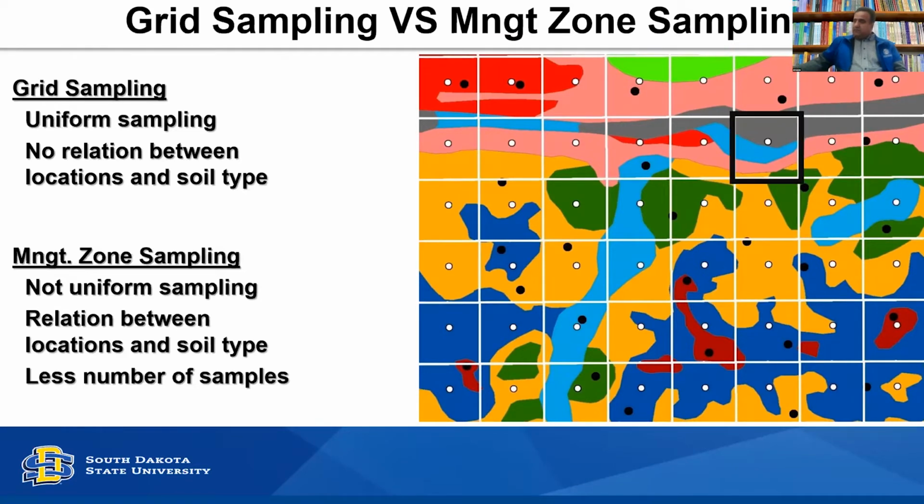So I want to talk about grid sampling. Here in this grid, we have gray, blue, pink, yellow, and green.